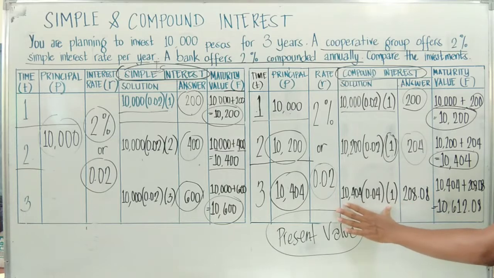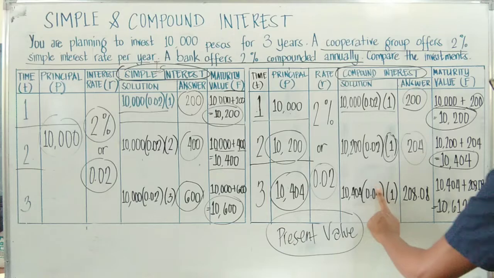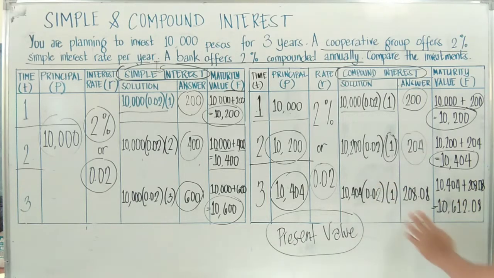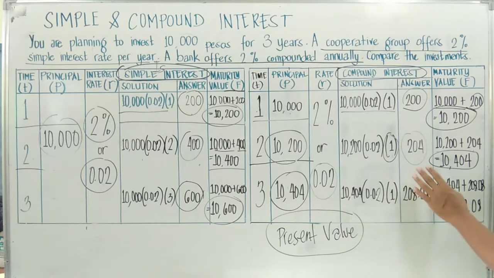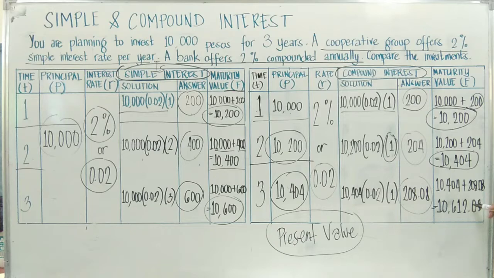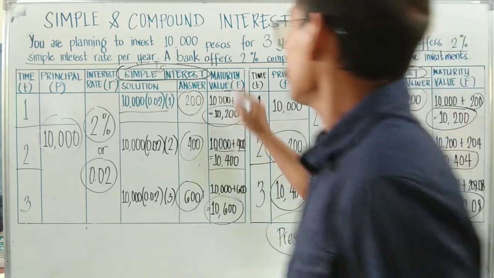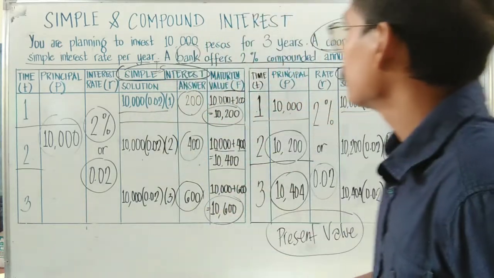Multiplying 10,404 times 0.02 times 1, it will give us 208.08. Then 208.08 plus 10,404 will give us the value of 10,612.08.